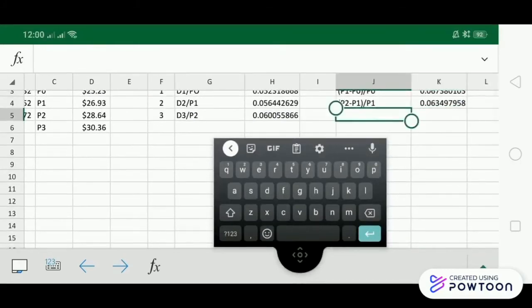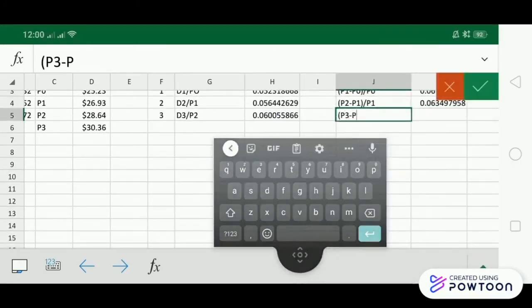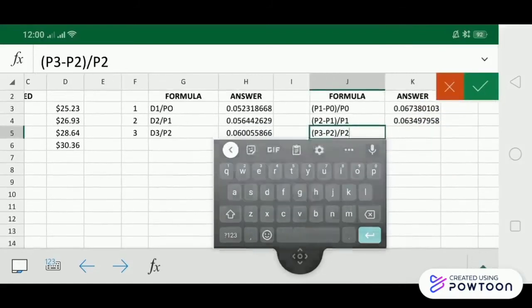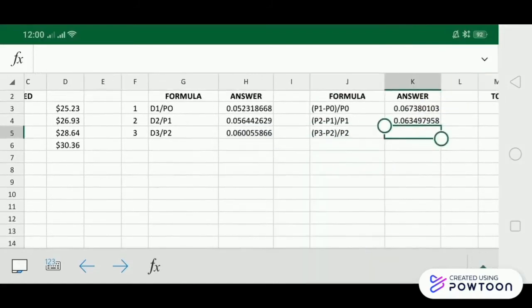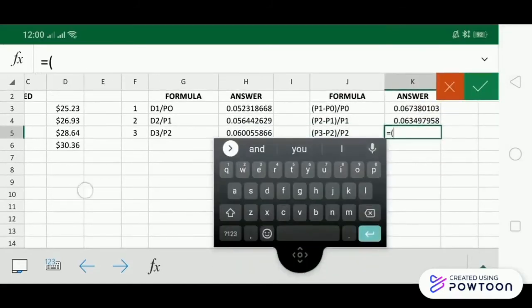Next is for year 3, the difference of the values of P hat 3 and P hat 2 divided by the value of P hat 2 to get the capital gains yield for the third year.